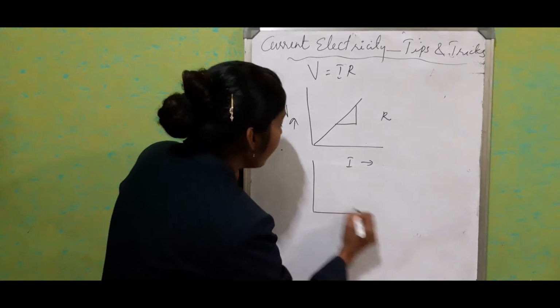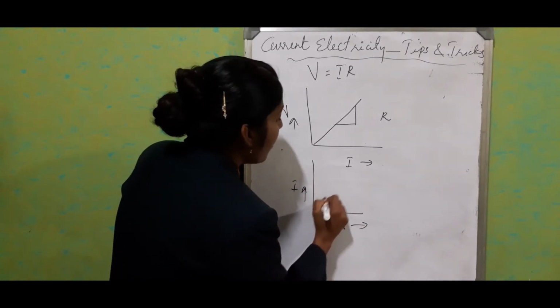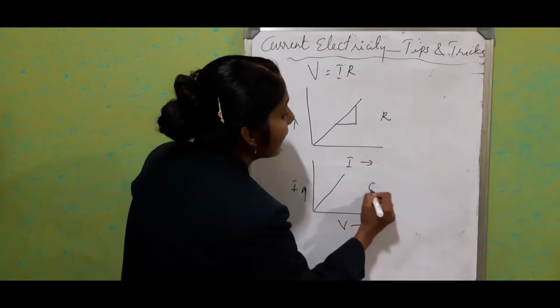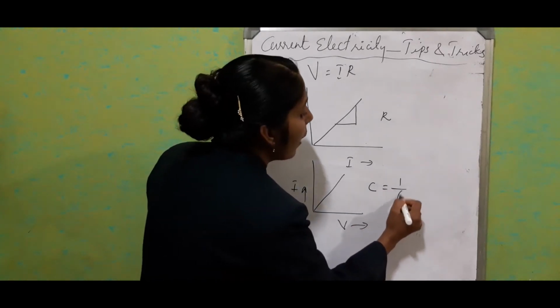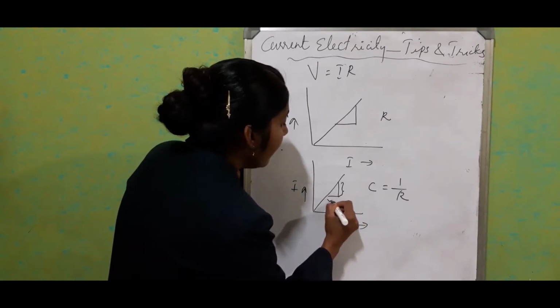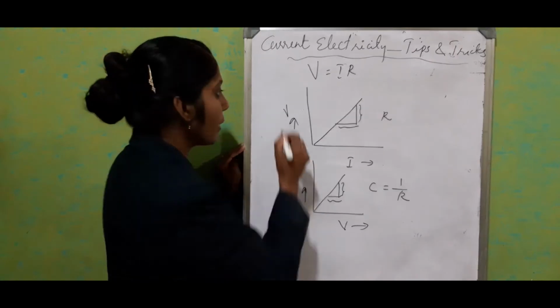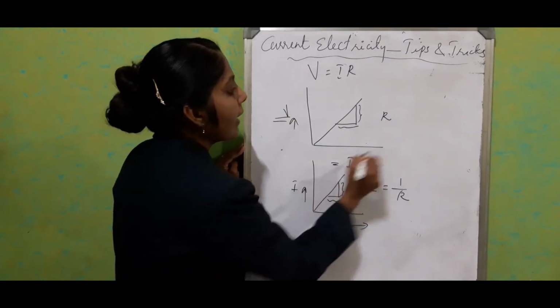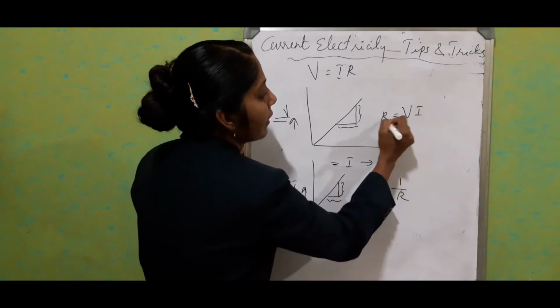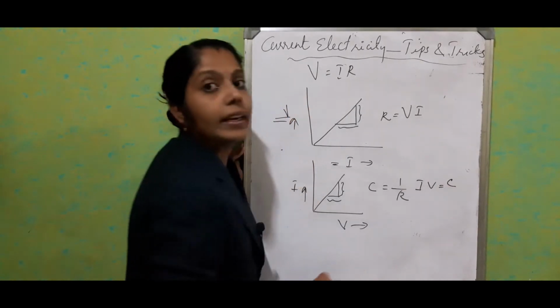So from the IV graph, if it is I and V graph, the slope of the IV graph will give the conductance, that is equal to 1 by R. So keep in your mind, the VI graph will give the resistance and the IV graph will give the conductance.